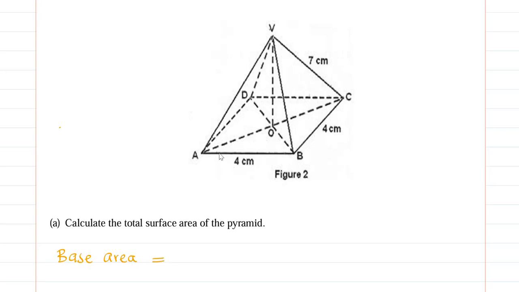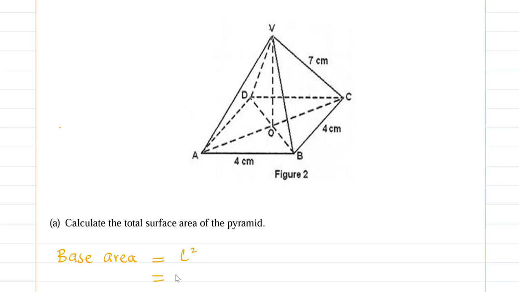If we look at the base formed by the corners or the edges A, B, C, D, it has dimensions 4 centimeters. So the base is a square, and the area of the base is the same as the area of the square, given by length squared or side squared.